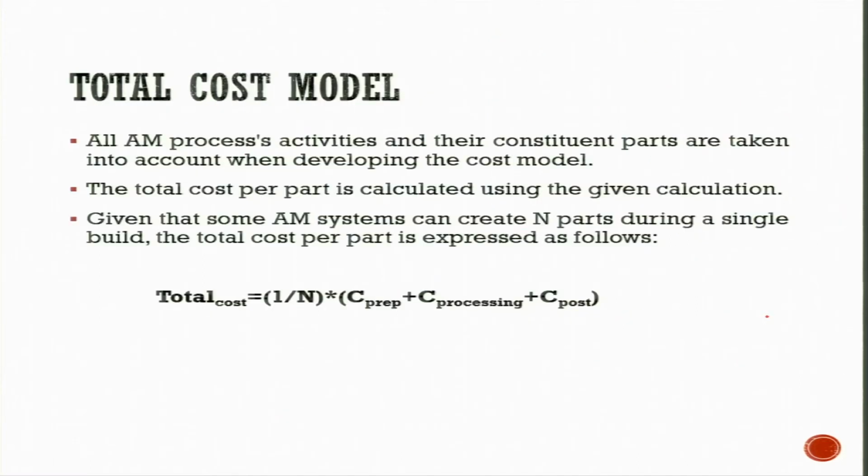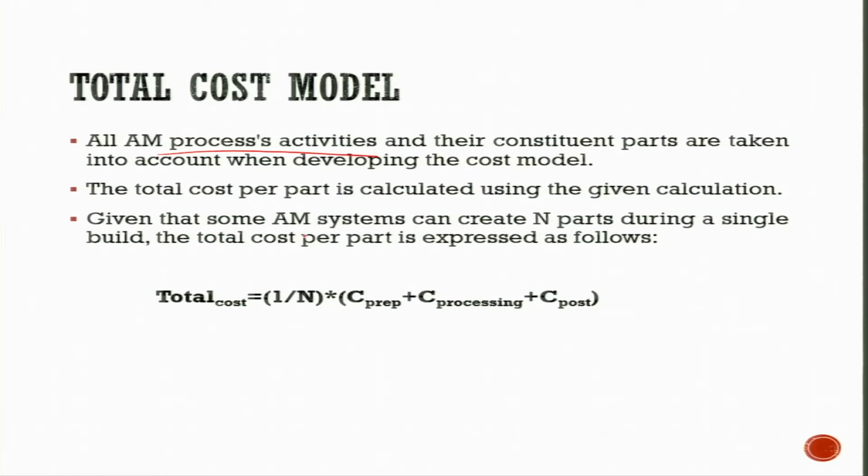So how is this cost model built? All additive manufacturing processes, activities and their constituent parts are taken into account when developing a cost model. The total cost per part is calculated using the given calculation here.